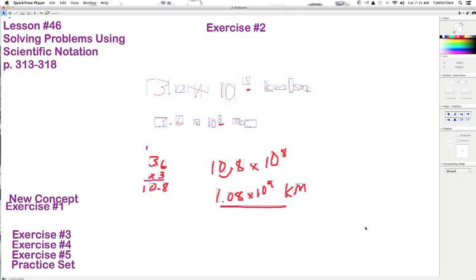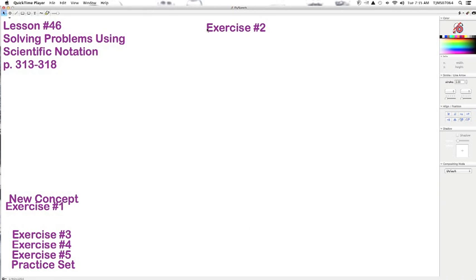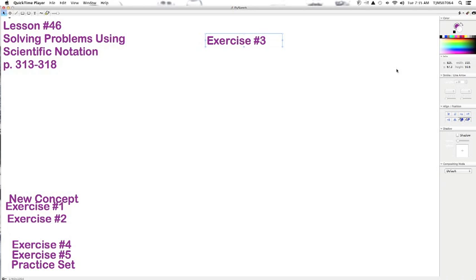Now, how do you divide? Dividing shouldn't be too tough, because all we do is divide the coefficients, and then when we divide exponents, like we did before, we're merely subtracting exponents.